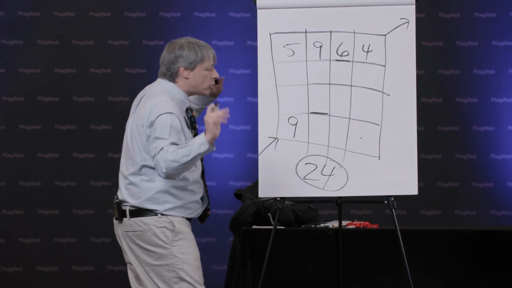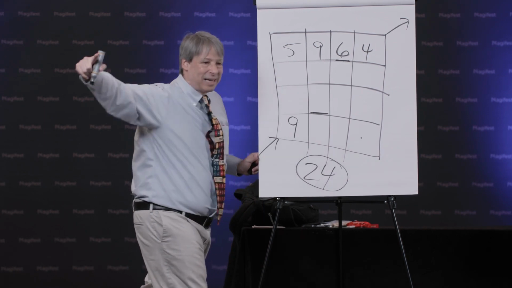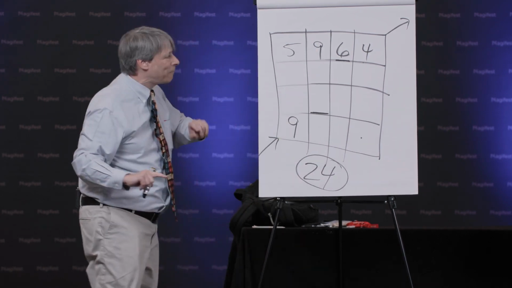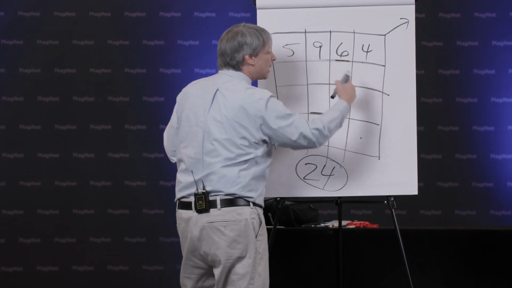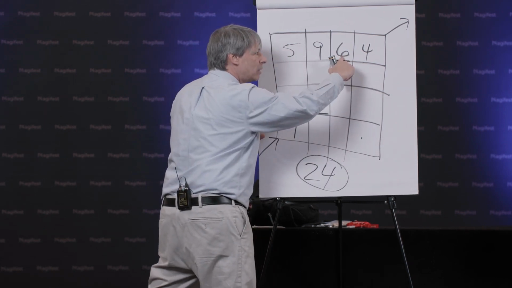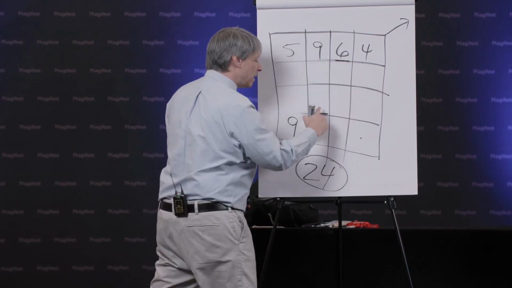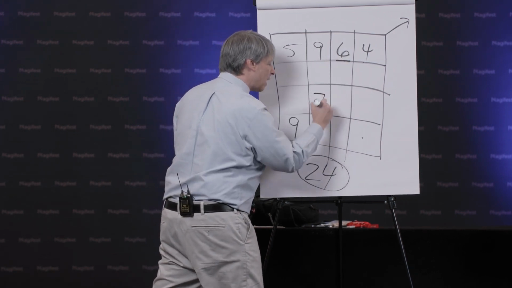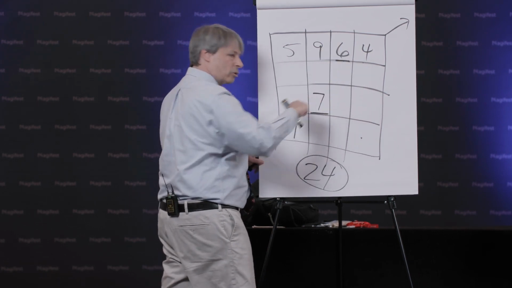I mean, in the worst case scenario, I have a -1 sitting down here, and that's it. Everything else is positive, okay? So the way I avoid that is I just take this number and I add 1 to it. So if this is a 6, then this number here is 7.